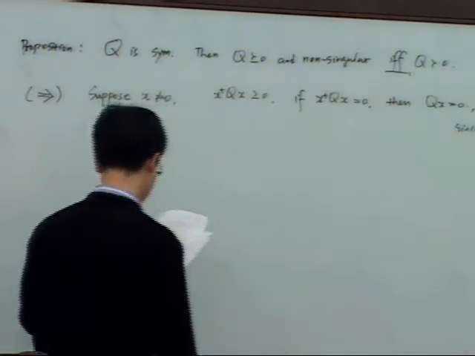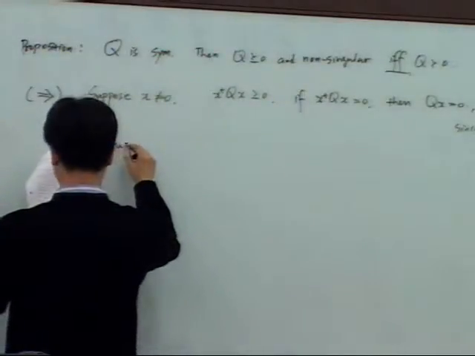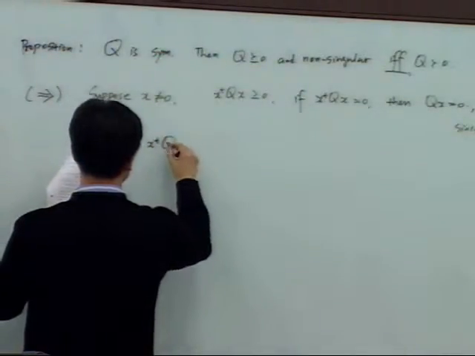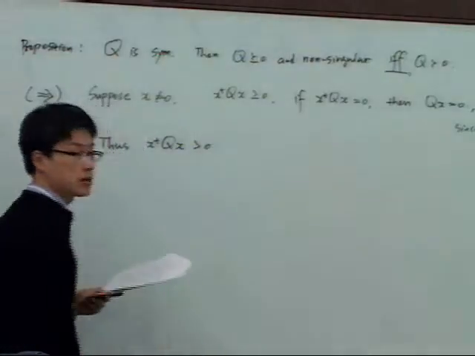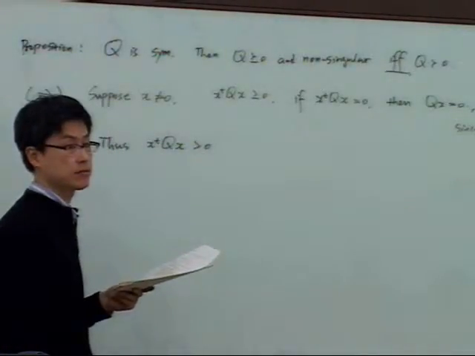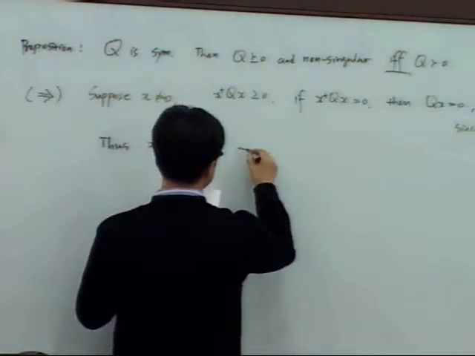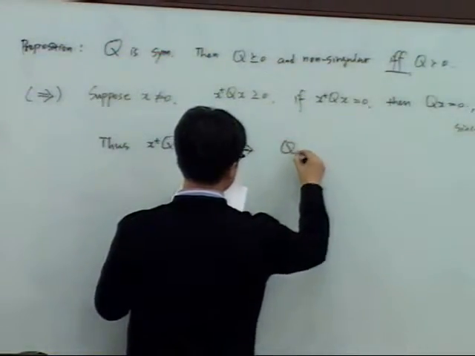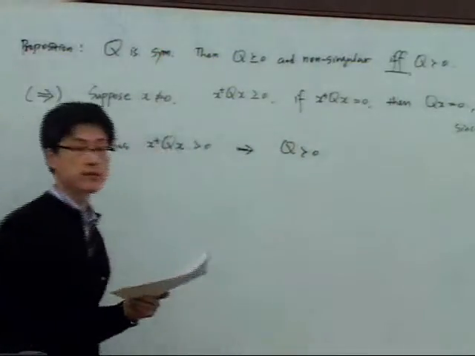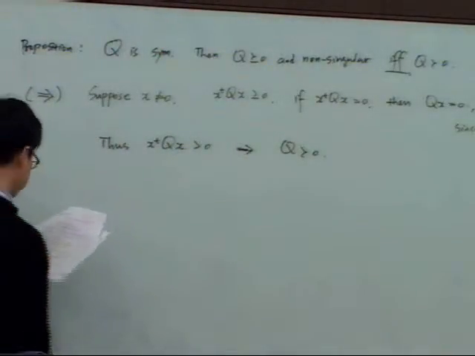Okay? Thus x transpose Qx should be greater than 0, excluding equal to 0. So Q is positive definite.